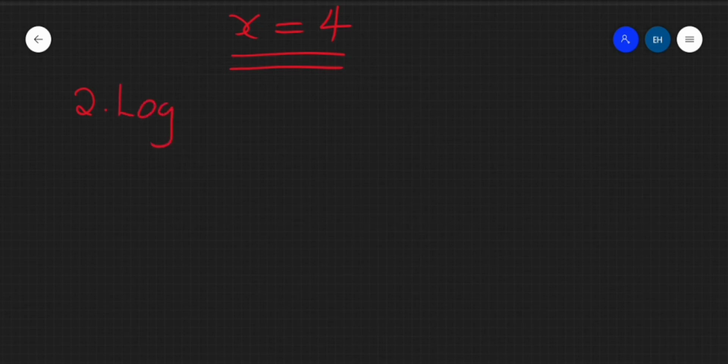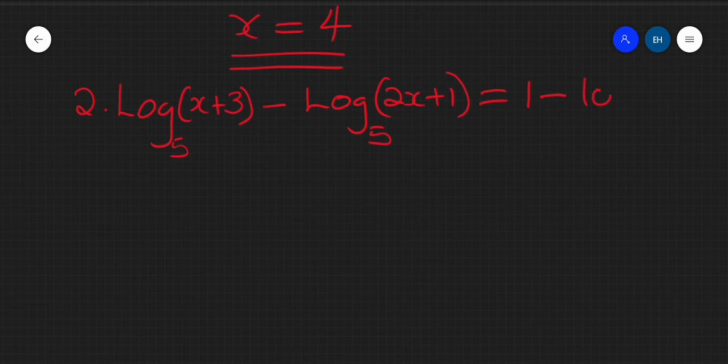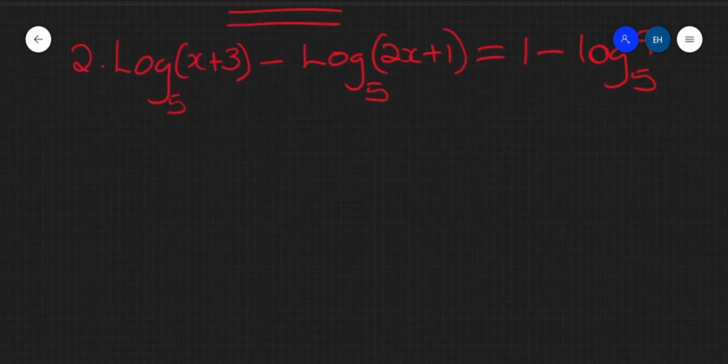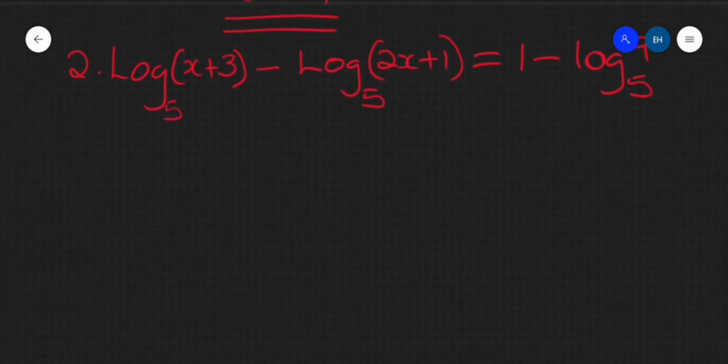It's log (x plus 3) base 5 minus log (2x plus 1) base 5 is equal to 1 minus log 9 base 5. Okay, this is what we have.